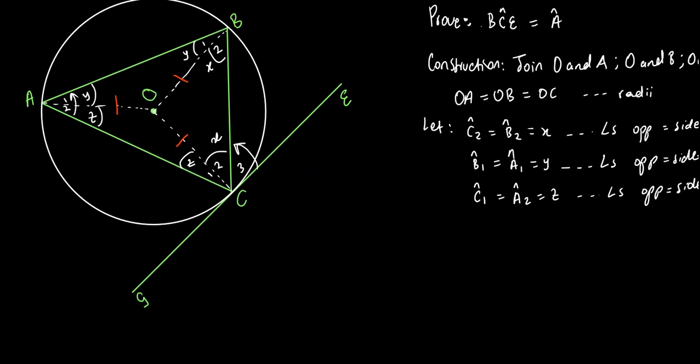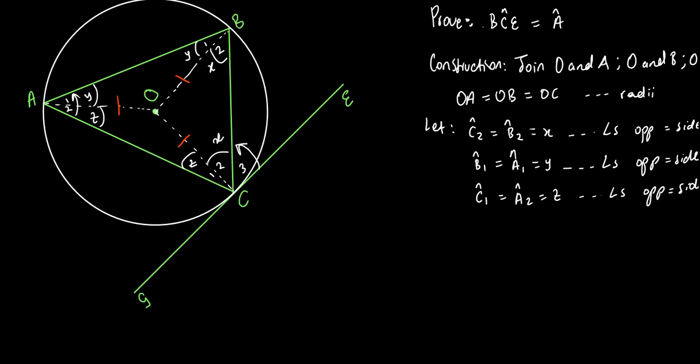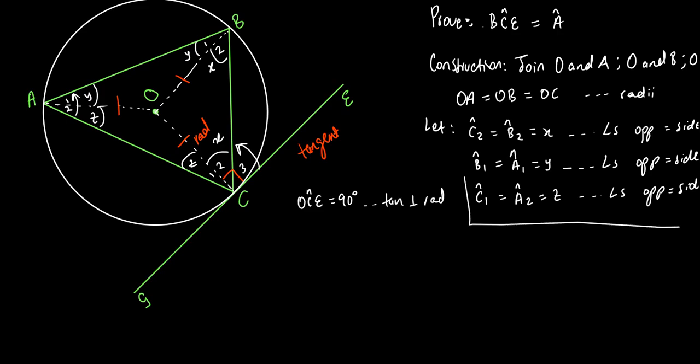Because it's outside, you are going to remember this theorem: since this is a radius and this is a tangent, then you've got 90 degrees here. Do you agree with that? So this is something you're going to tell them: OCE is equal to 90 degrees, tangent perpendicular to radius.